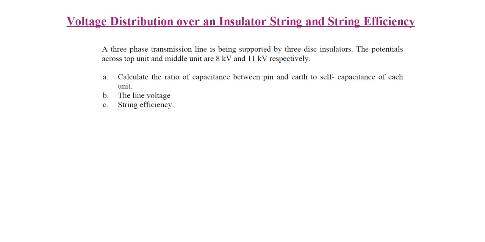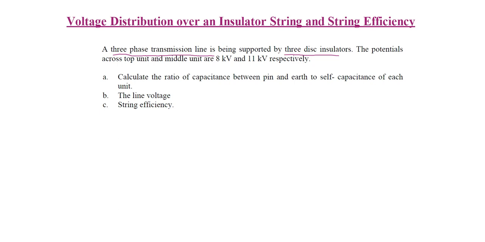Hello guys, let's solve another problem related to insulator string and string efficiency. So in this problem, we are given an insulator which supports a line, and this insulator is made up of three insulator discs.